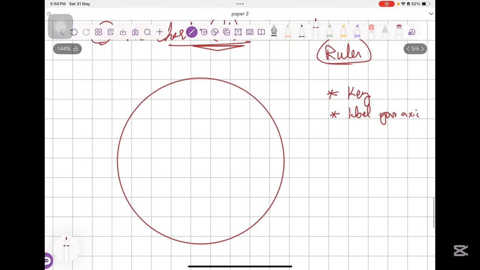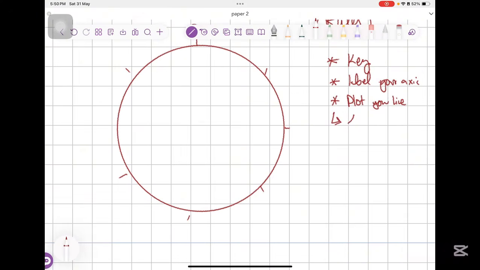Not all circles, they're going to provide the labeling on them, okay? Some circles, they might start by 0 and give you these things and let you label it, okay? So make sure it's labeled. Label your axis, make your key, and plot your lines. Okay, here's how we're going to plot our data.